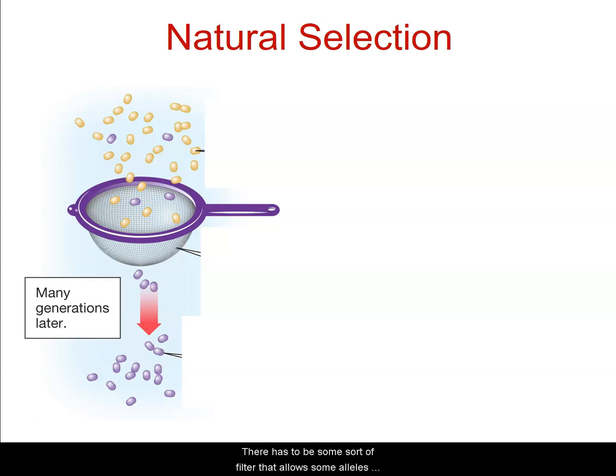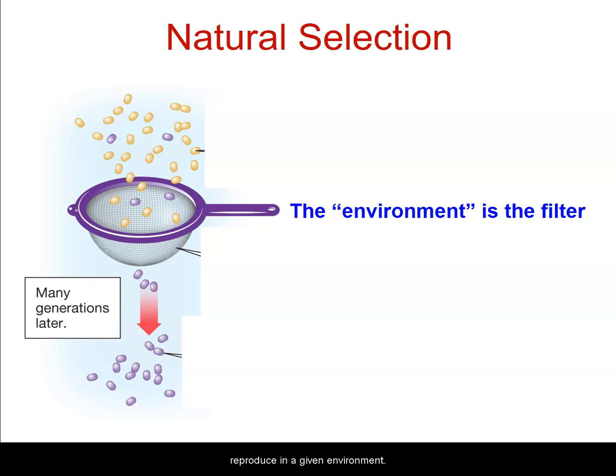So there has to be some sort of filter that allows some alleles through and other alleles get left behind. Using this image here of a filter as an example, in natural selection, it's the environment that acts as a filter. So only the fittest individuals can survive and reproduce in a given environment.